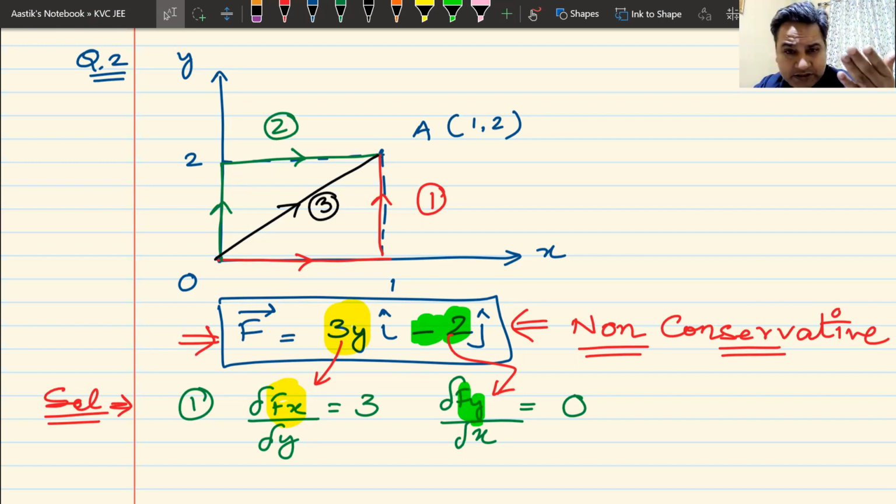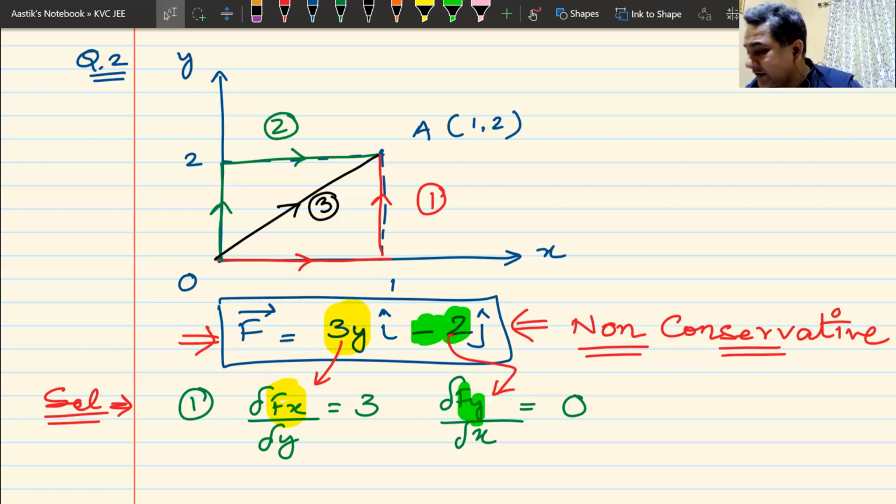We had to find partial derivatives of fx with respect to y, fy with respect to x, and so on, and see whether they are all equal or not. Then we also understood that if the force is conservative, finding the work done is very simple because you can simply calculate the integral and get the value.